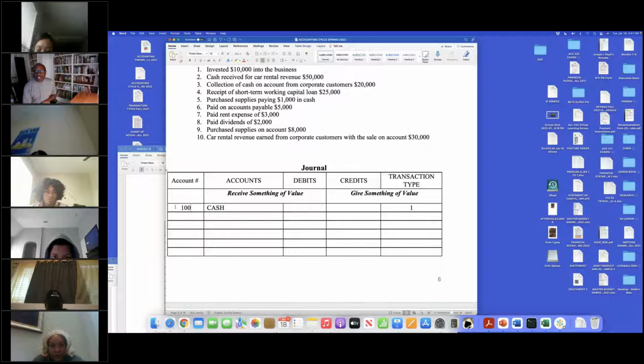Common stock. So we're going to credit common stock. And we're going to put the amounts in. This is a journal entry. This is always the first thing we do in accounting.